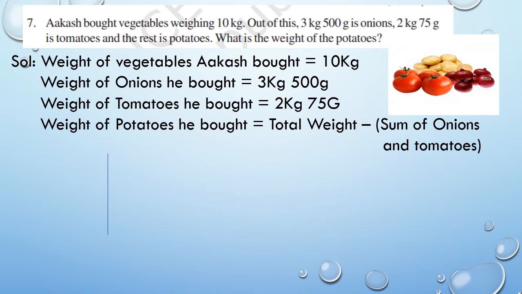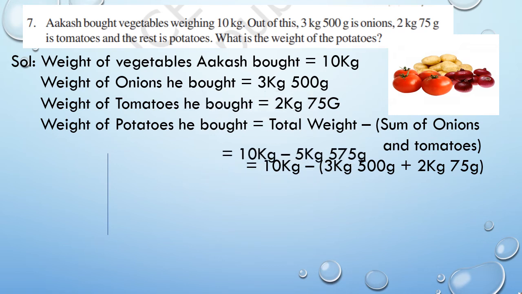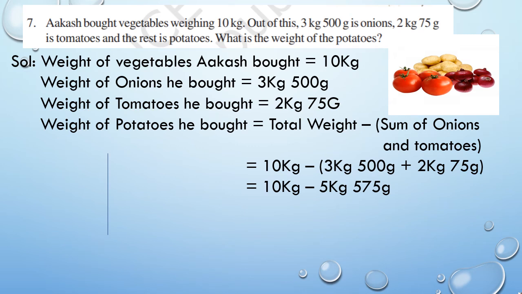So if we take away the sum of onions and tomatoes from the total weight, we get the weight of the potatoes. So how can we write this, children? 10 kgs minus the sum of 3 kgs 500 grams and 2 kgs 75 grams. So 3 kgs 500 grams plus 2 kgs 75 grams is 5 kgs 575 grams. So this can be written as 10 kgs minus 5 kgs 575 grams.